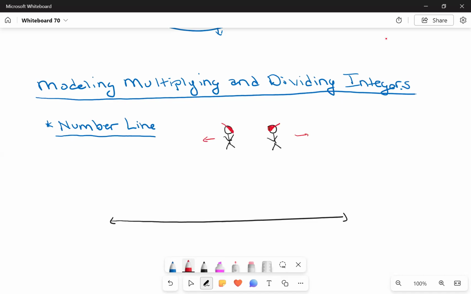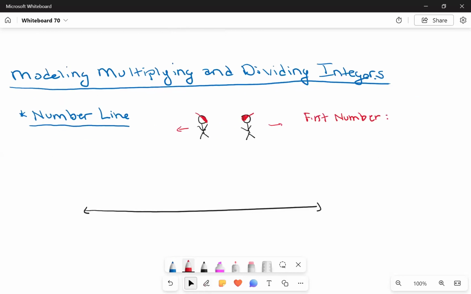The direction they face is based on the first number. The first number gives the way the person is facing, the direction they face, whether they're facing positives or negatives.